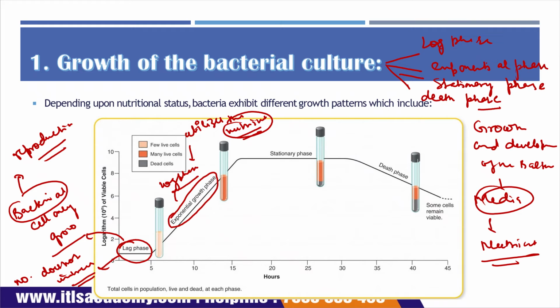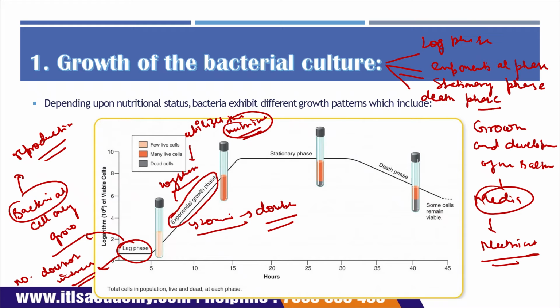Okay, here the quantity of the nutrition is also high, due to which the number of the bacterial cells increases. Okay, so within 20 minutes the bacterial cells just become double.